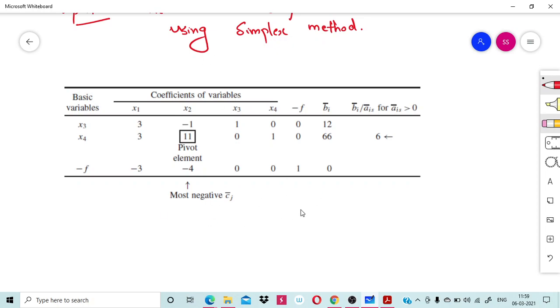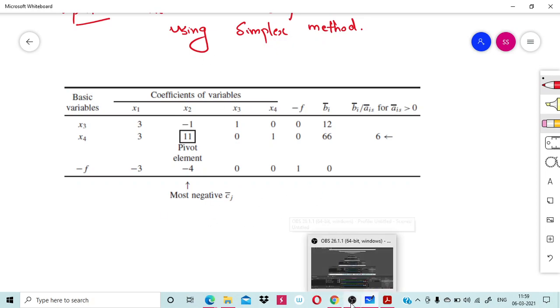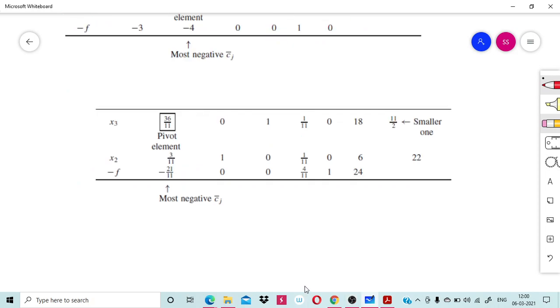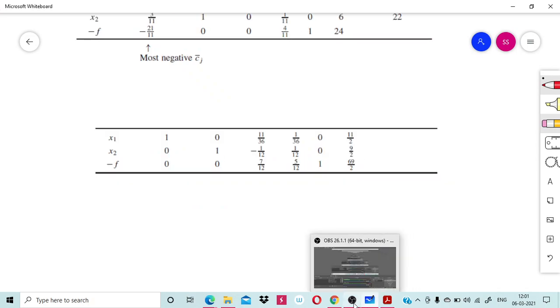So you do that, and the next table will look like this, after the updation of the previous table. Then again you will find the entering and leaving variable, update the table, and you will get the table like this.